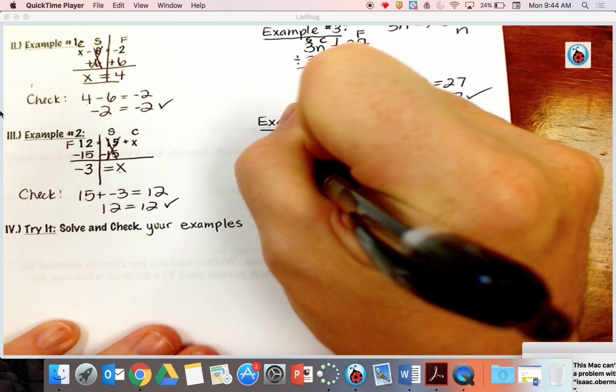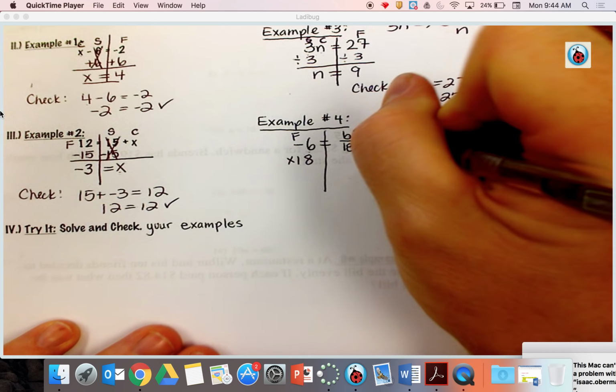So I'm going to multiply 18 here, and I'm going to multiply 18 on this side. Draw my line underneath it. When I do that, the 18s are gone now. I'm left with just one b. And then I can just do my math there. 18 times negative 6. I get negative 108.